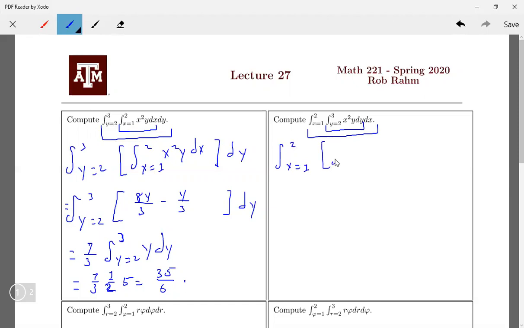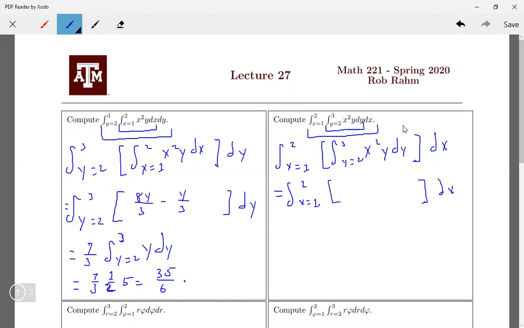We'll put the inner integral in brackets for now. We're going to do the inner integral and forget about the outer integral for now. And when I say forget, I don't literally mean to forget. We know it's there in the back of our minds, but what I mean is we're just going to do the inner integral without thinking about the outer integral for now.